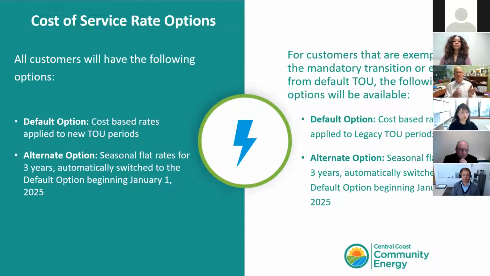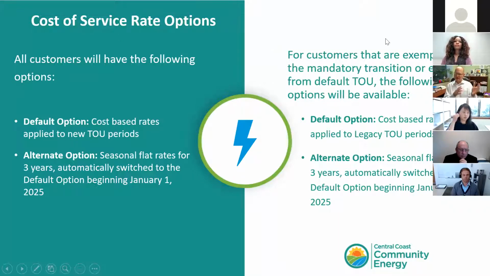And for residential, 4 to 9 p.m. is the on-peak period of time. There will be an alternate option in that customers can choose to be on a seasonal flat rate. Meaning the rate is flat, there's no time-differentiated energy charge throughout the day. They do vary by season for summer and winter. They can be on that rate for 3 years, and then they would automatically be switched into the default option beginning in 2025.